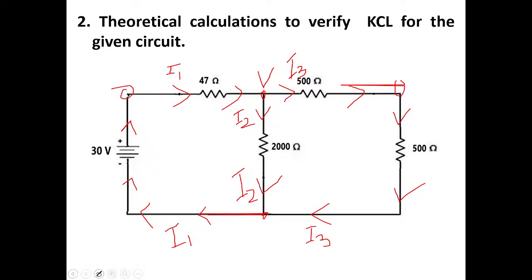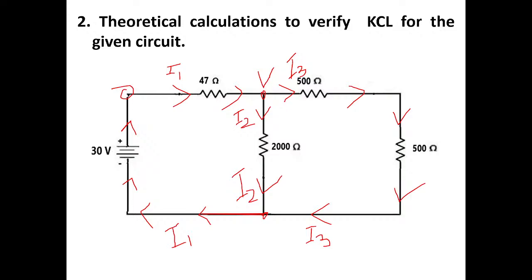You can consider the terminals of the resistive branches. Each terminal of the resistive branch, you can consider that as a node. But according to me, wherever current divides, wherever current meets, that junction I am considering it as node.